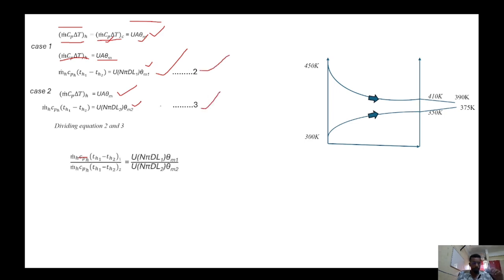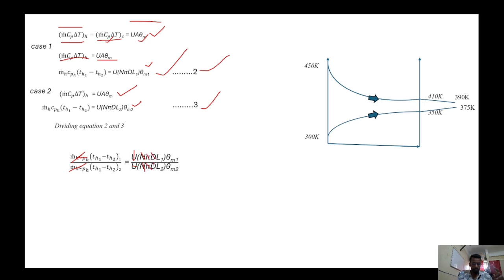mHCpH will remain the same, it will cancel out. TH1 minus TH2 in case 1 is different from case 2, right? U will cancel because of the same physical conditions, n, the number of tubes, is the same, pi is constant, and the diameter is not changing.